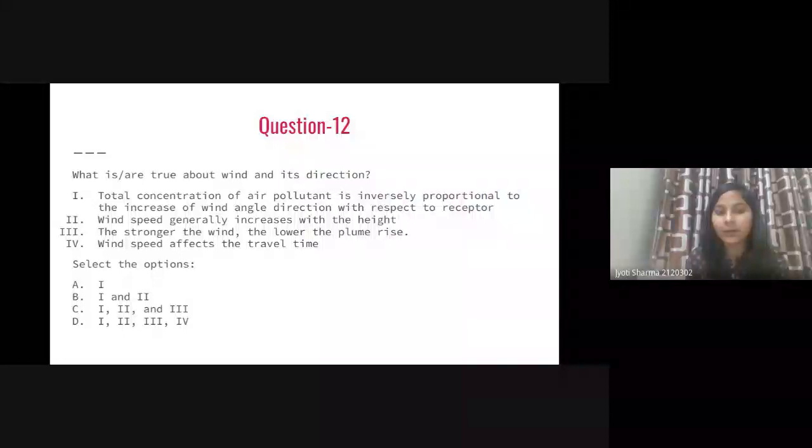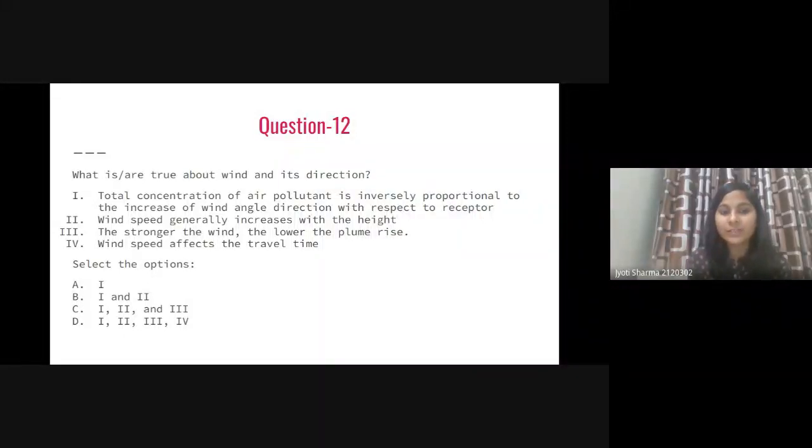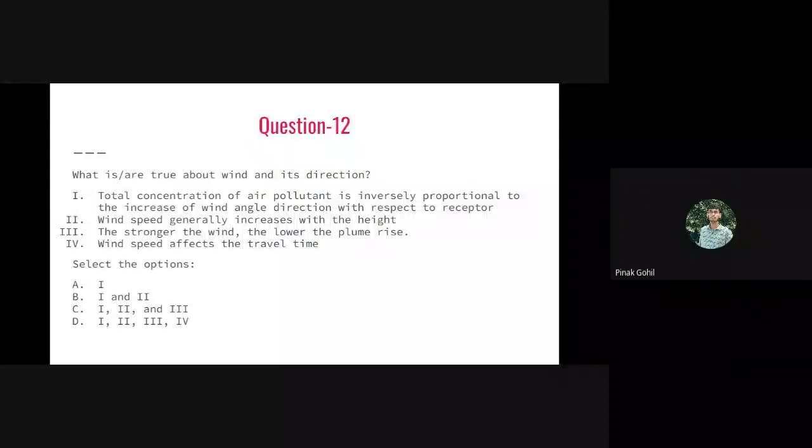Because as your wind speed is higher, it will disperse the pollutant, and that's why at the receptor you will have a very low concentration of that air pollutant. So the first is also right.